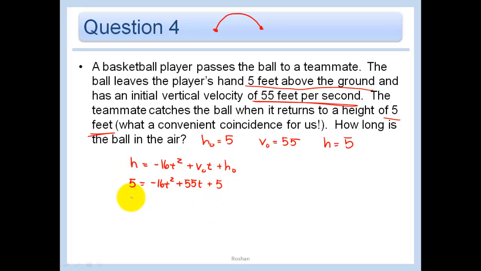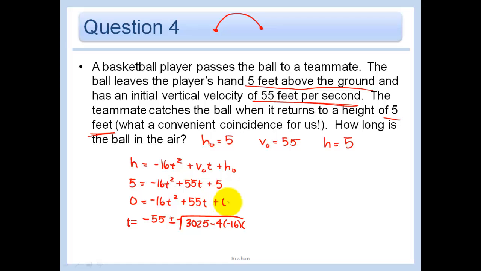And look, that's going to conveniently just cross out. So negative 16t squared plus 55t. In this problem, it is actually completely unnecessary to use the quadratic formula, but I'm going to use it since we are doing this lesson. So I am just going to do negative b plus or minus the square root of b squared. So 55 squared is 3025 minus 4ac.